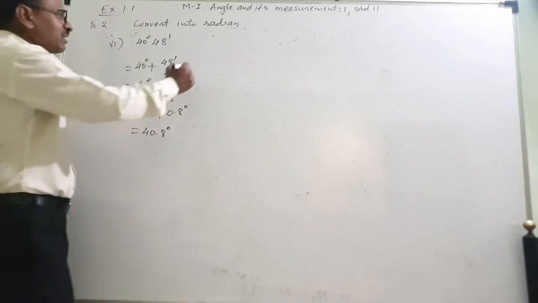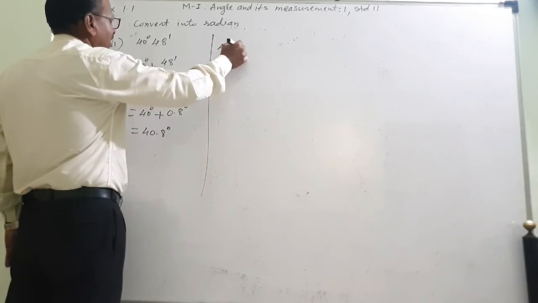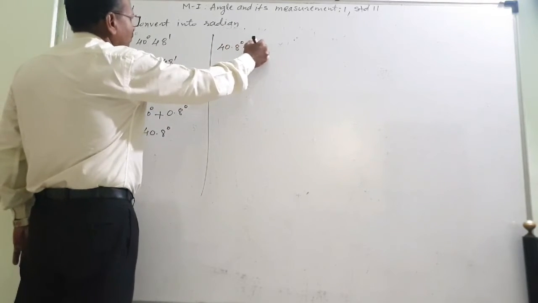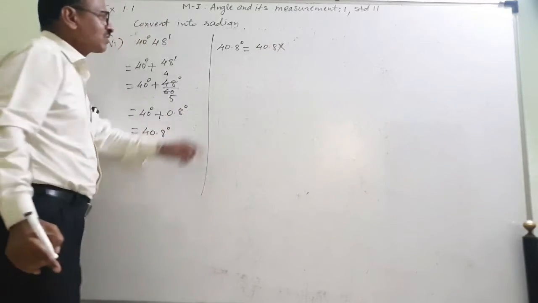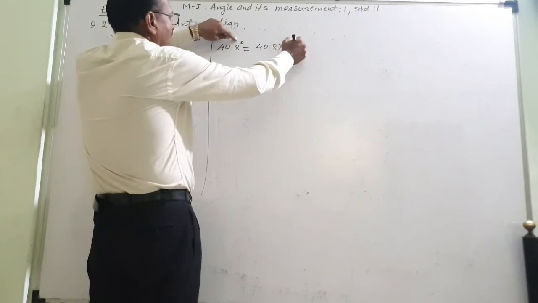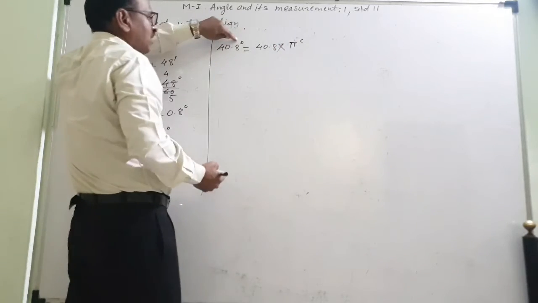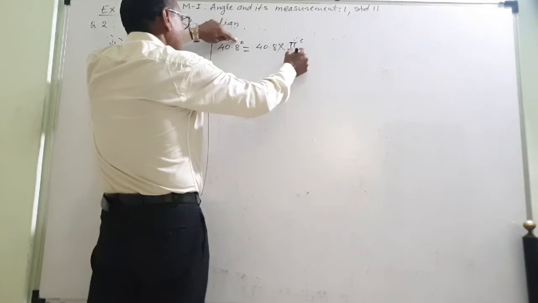Now I have to convert into radian. So 40.8 degree is equal to 40.8 into pi radian, but to keep the value the same, I will also divide by 180.